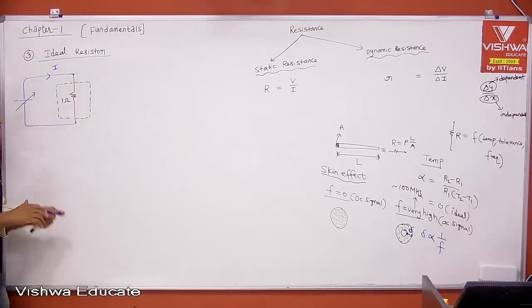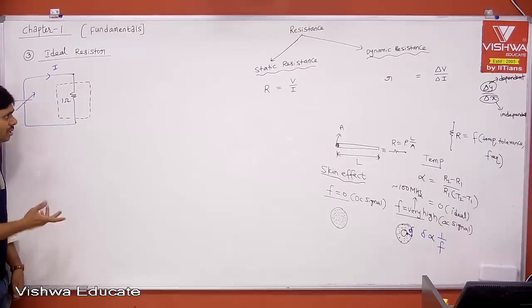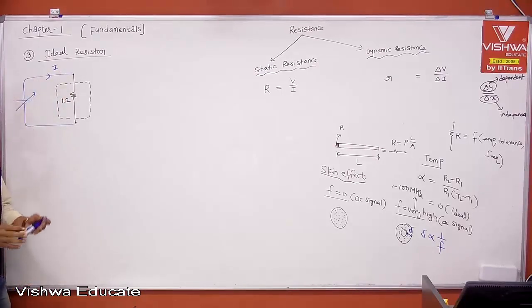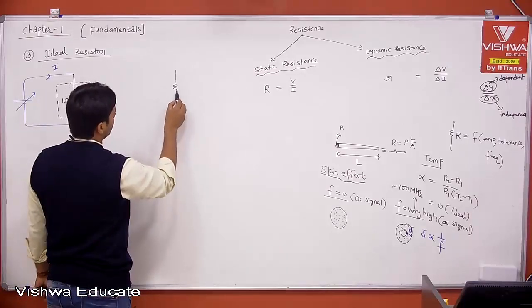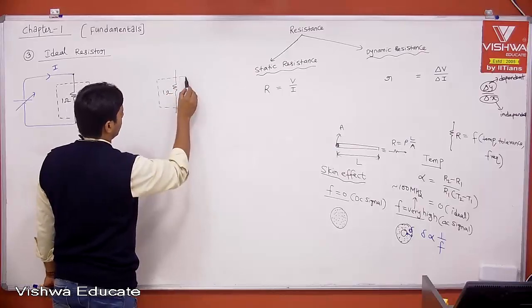But remember, here my characterization element is the resistor. We can excite with a voltage source and observe current, or excite with a current source and observe voltage. Anything is fine. It is the same element, this resistor of 1 ohm, this is my black box.